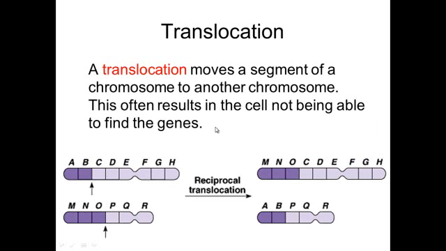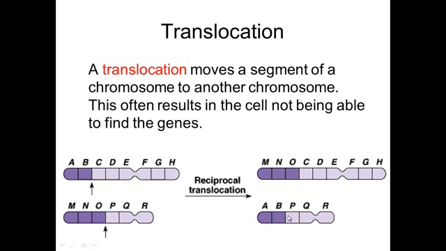Translocation is when some genes are cut from one chromosome and attached to a completely different chromosome. Now, you can have a reciprocal translocation where on this chromosome the end is cut off and reattached to that one. Or you can just have a translocation where it just happens on this one and then it goes to this one.